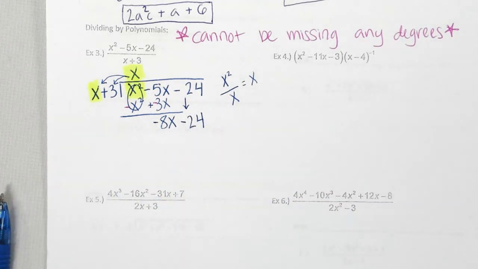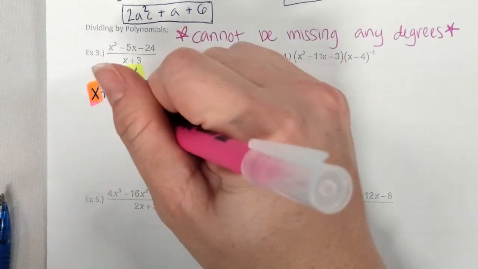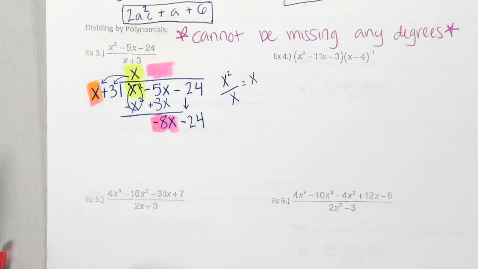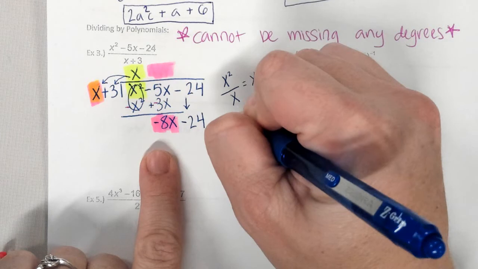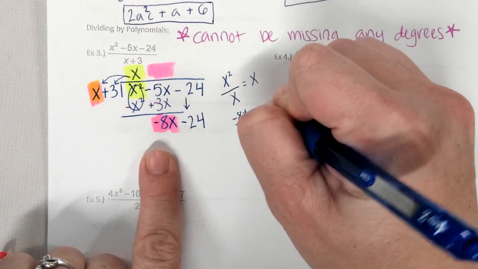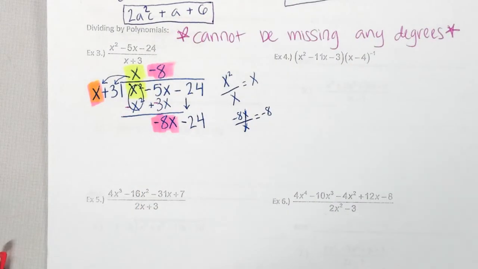Now that we have that, we are looking here, here, and here. So again, we're thinking about it as division. Negative 8x divided by x. The x's just cancel, and it equals negative 8. So this is negative 8. And again, we multiply.